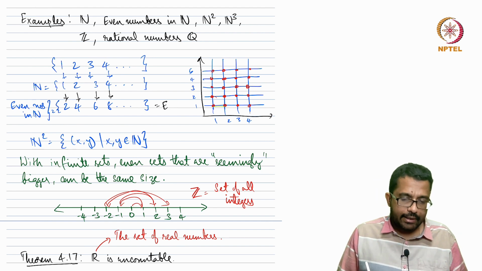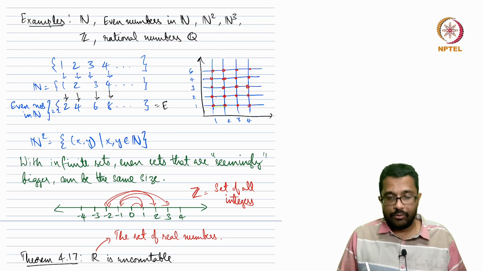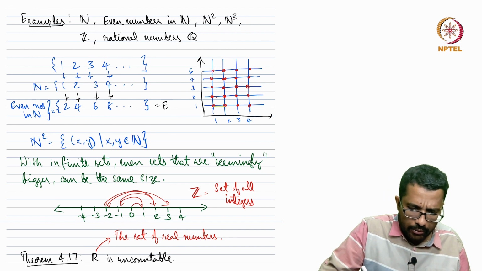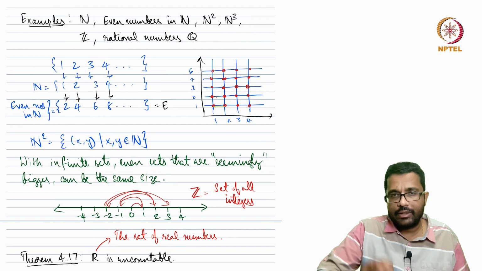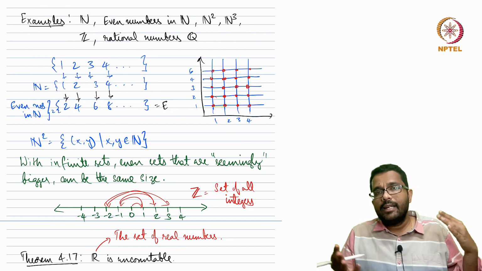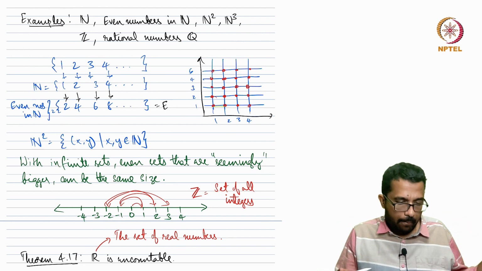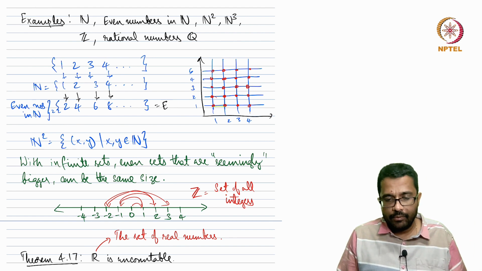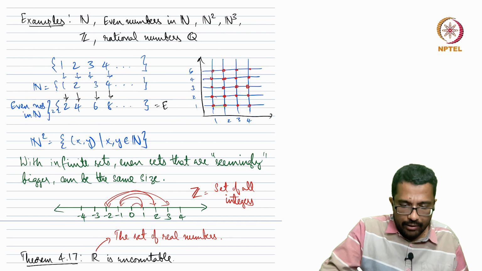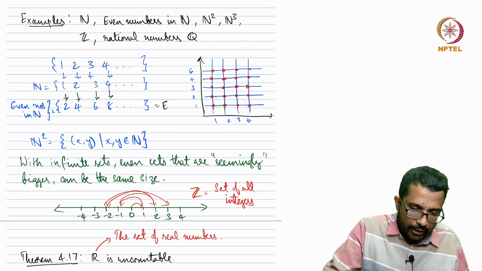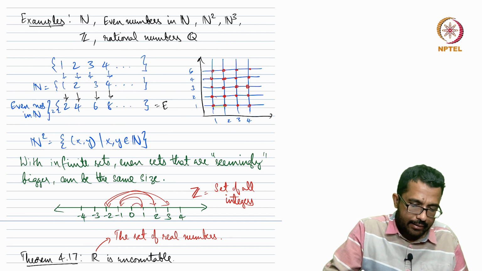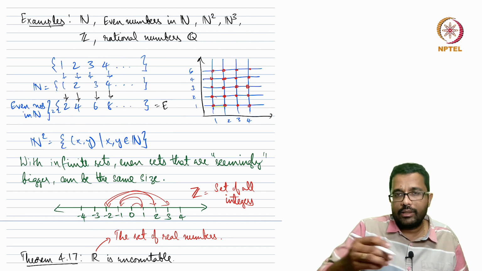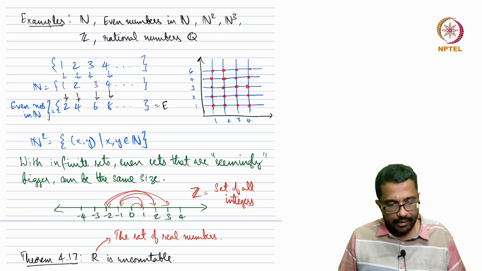And in fact, the set of all rational numbers is also countable. I am not going to explain, but it is similar to the n squared thing, because rational numbers can be thought of as a ratio of two integers, p by q, and then you can enumerate p and q as a grid or something, and then you can count them one by one, right.